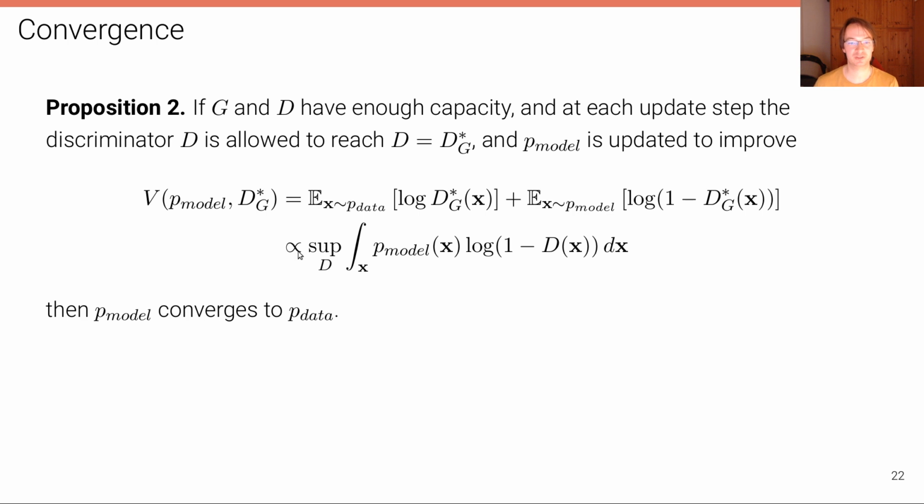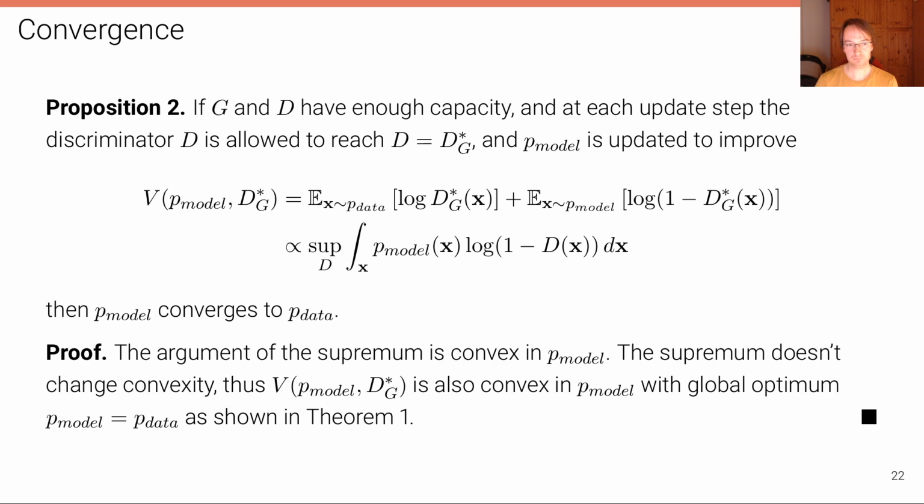So this is proportional to the supremum of the second term with respect to D, the discriminator, because we've assumed that this is the optimal discriminator. So if P model is updated to improve this criterion, then P model converges to P data according to this proposition. And the proof for this is also relatively simple.